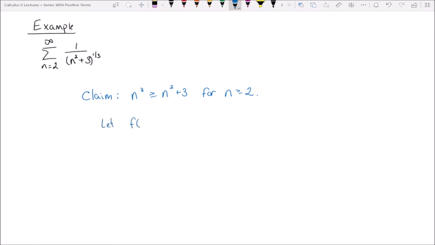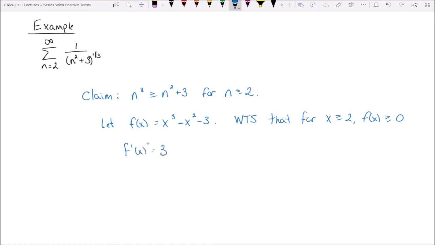What we do is we say, okay, well, let f of x be x cubed minus x squared minus 3. We want to show that for x greater than or equal to 2, f of x would be greater than or equal to 0. To do this, take a look at f prime.